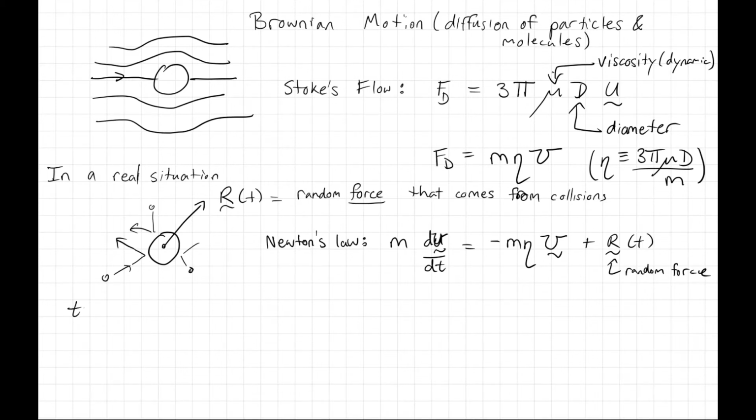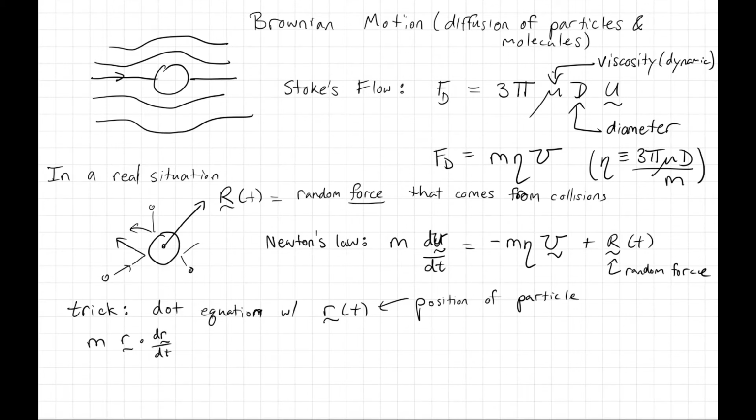So let's go ahead and do that. We'll write the dot product of Newton's law with the position, which I'll somewhat confusingly call small r of t. That's the position of the particle with time.